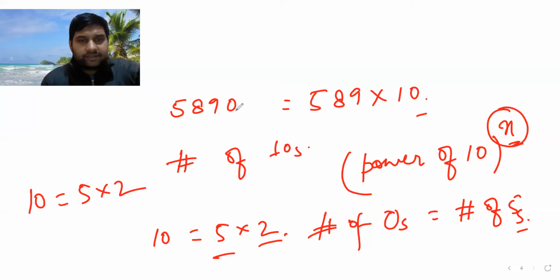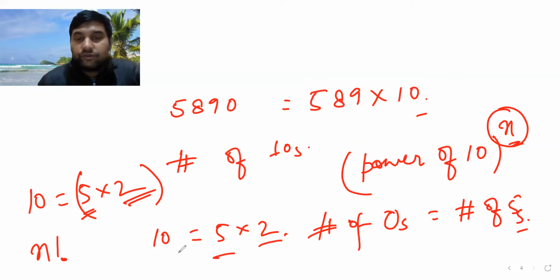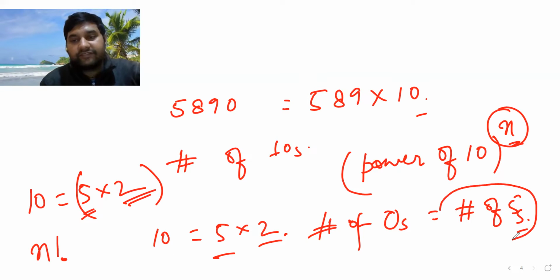Now in any number, you need a 5 and you need a 2. So obviously you have to find this combination. But generally, if a number is expressed in form of a factorial, in those cases, you can say that the number of zeros is basically number of fives.